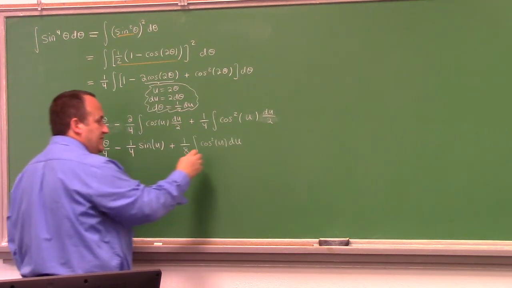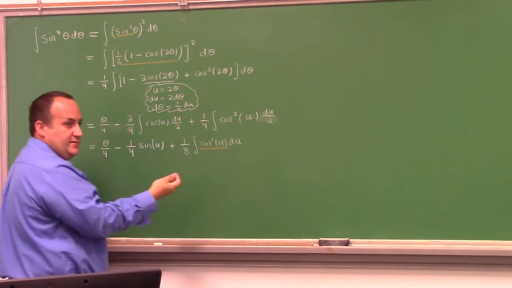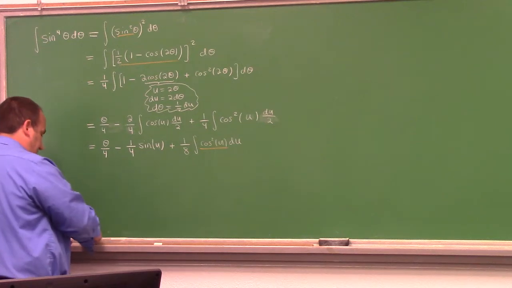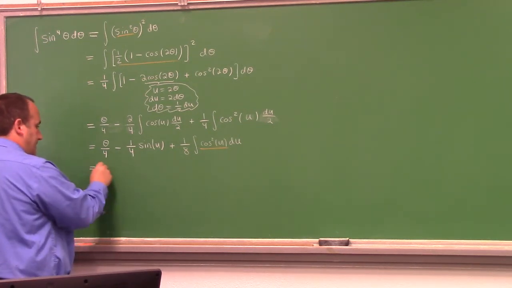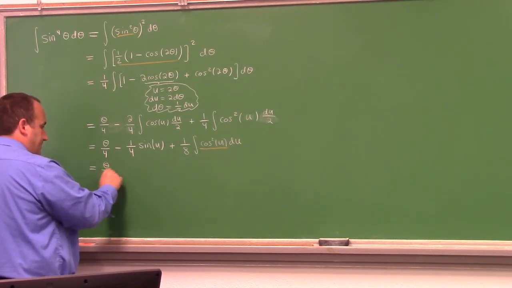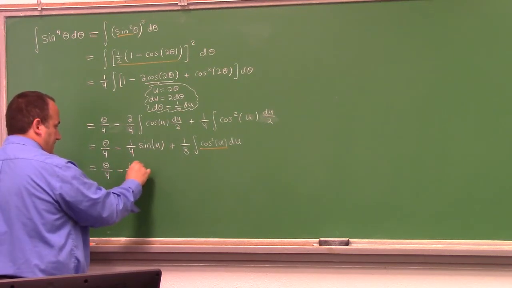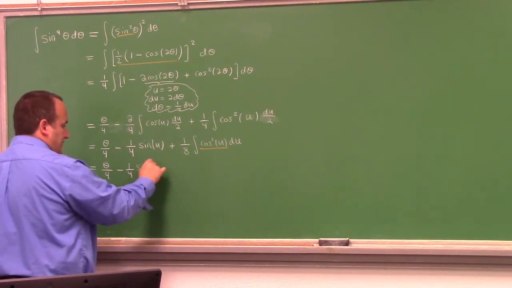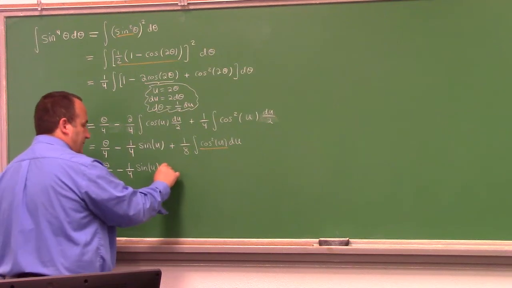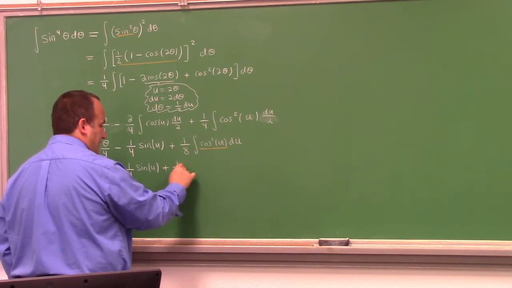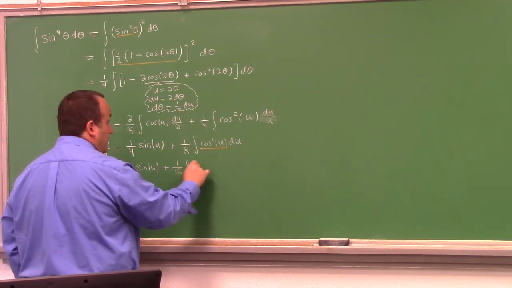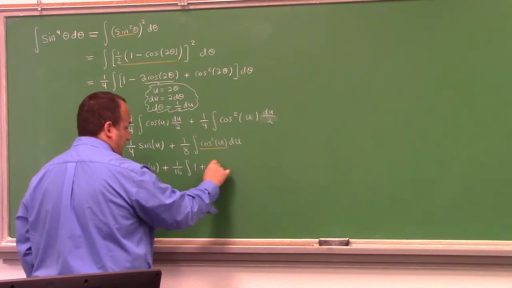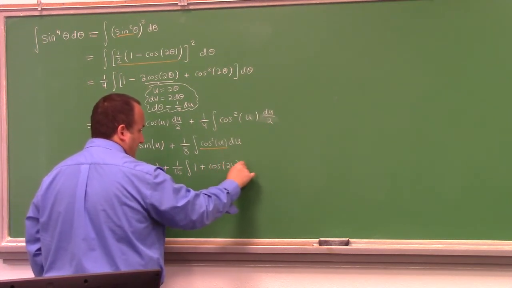So now we need to use the similar identity for cosine squared, which is 1/2 of 1 plus cosine 2u. So I'm going to get sine of u plus 1/16 the integral of 1 plus the cosine of 2u du.